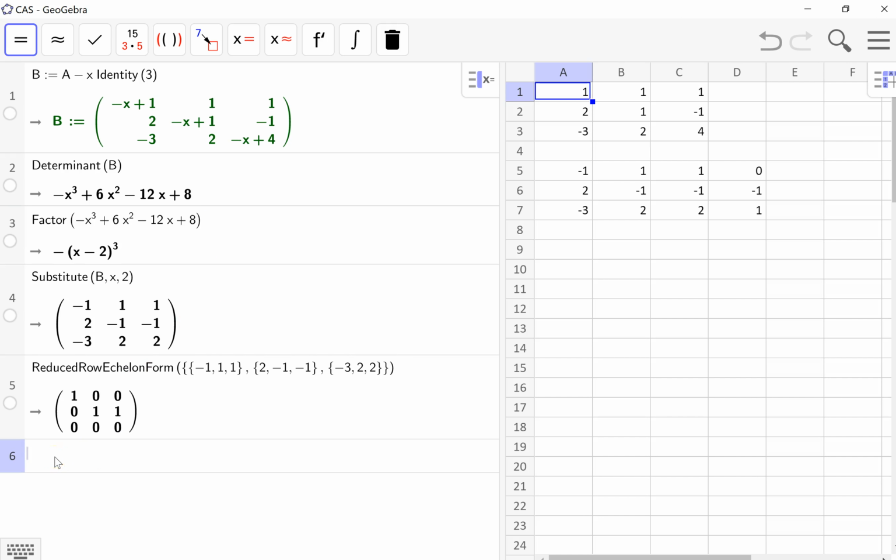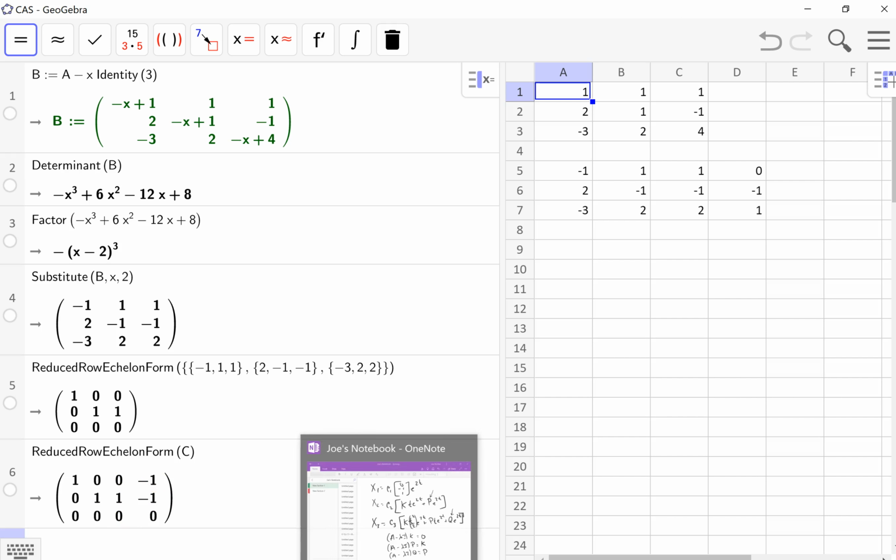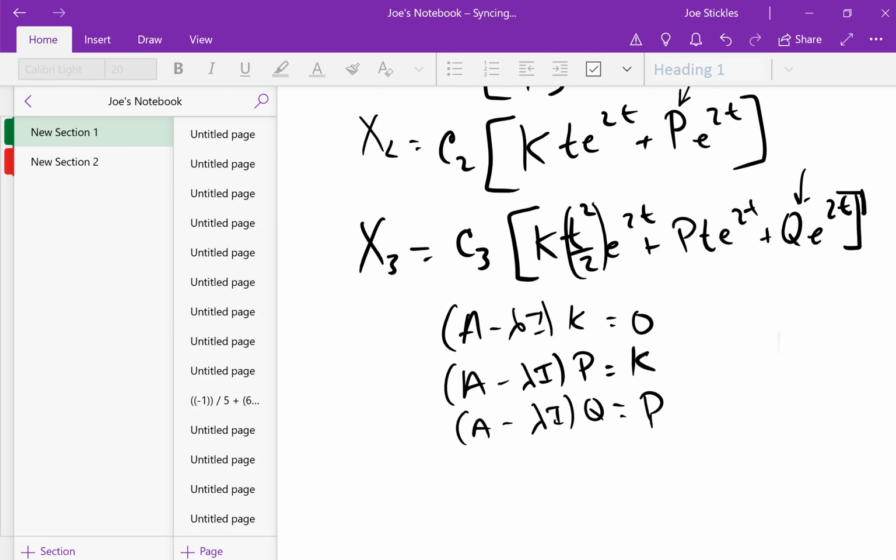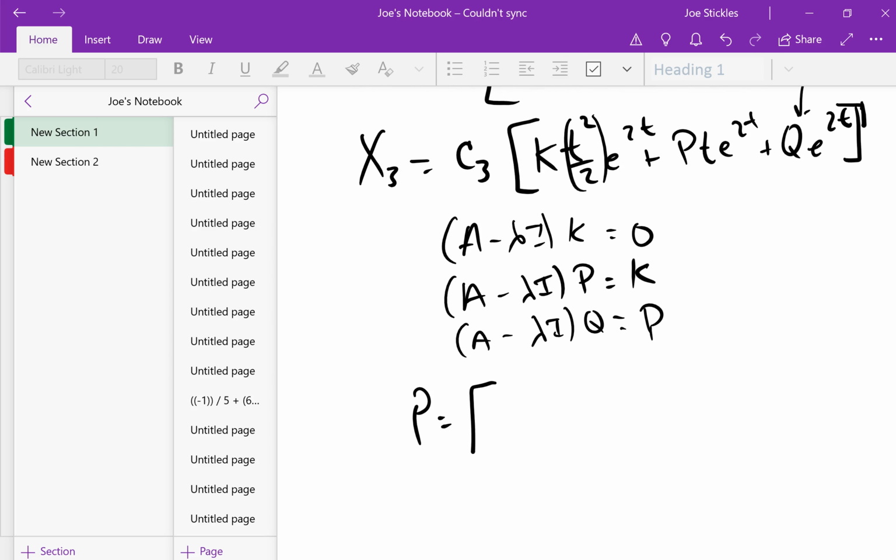Back down here, we want the reduced row echelon form of C. So now we can figure out what P is, and we just need one vector for P. Notice that the third component can be anything. So if it's a 1, then we get negative 2 for the second component, and we definitely get negative 1 for the first component.